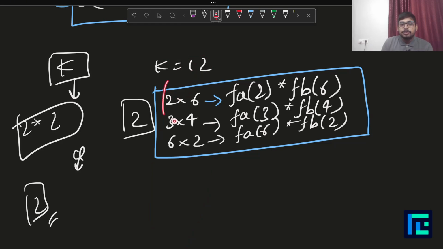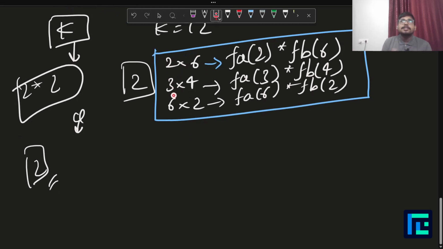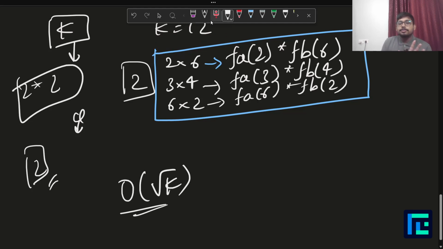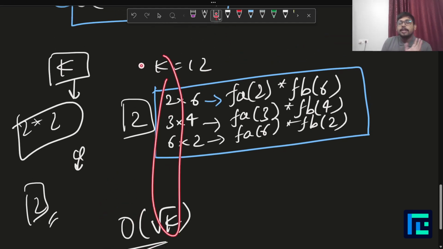You can put every factor as an A, and then the other part would become your B. So how much time would it take to find all the factors of a number? You know the algorithm. To find all the factors of a number would take order of square root of k time. In square root of k time, we can just compute all the factors of k.